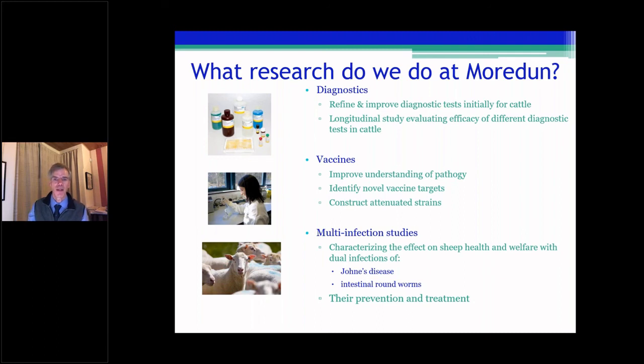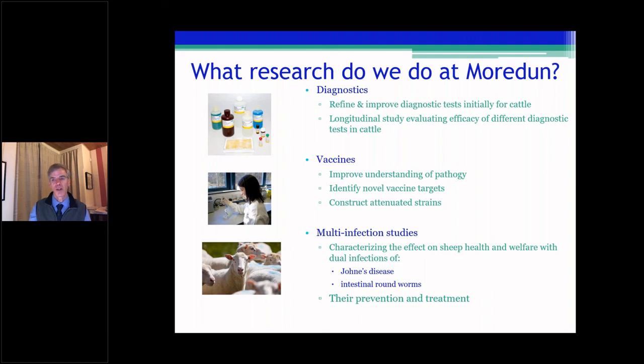And at the moment, we're evaluating that in field trials in cattle, but we're expecting it and hoping it will also work just as well in sheep. The vaccines, we are looking to improve this vaccine, the Gudair vaccine. We're trying to improve it by constructing new potential vaccine strains, and we have got some at the moment in the lab, and they've just recently gone through a mouse model trial and show some interesting and useful results there.